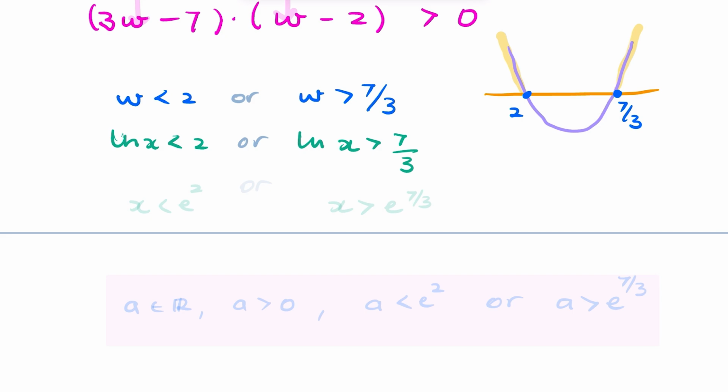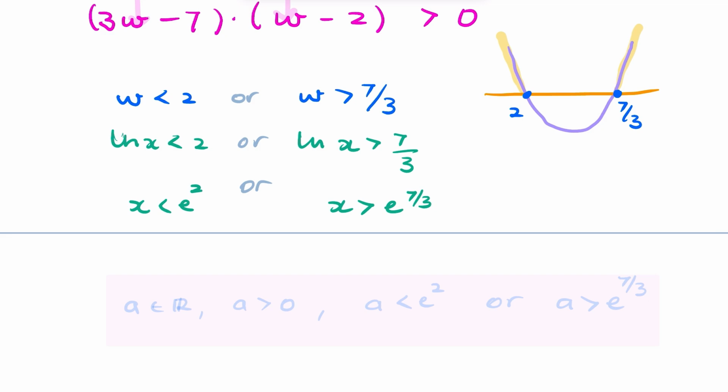And we can get rid of the log by saying x less than e squared or x greater than e to the power 7/3. And I guess that's what they want.